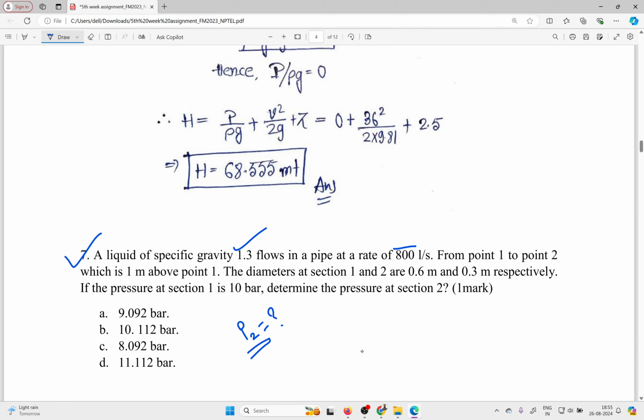A liquid of specific gravity 1.3 flows in a pipe at a rate of 800 liter per second from point 1 to point 2, which is 1 meter above point 1. So your points are like that.